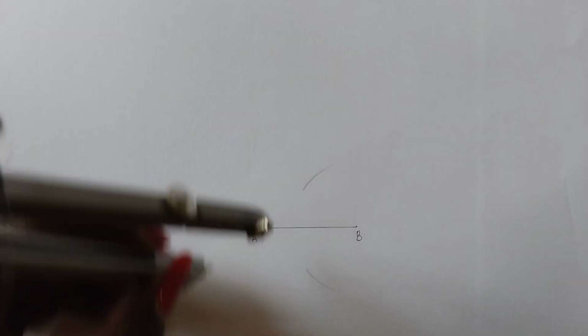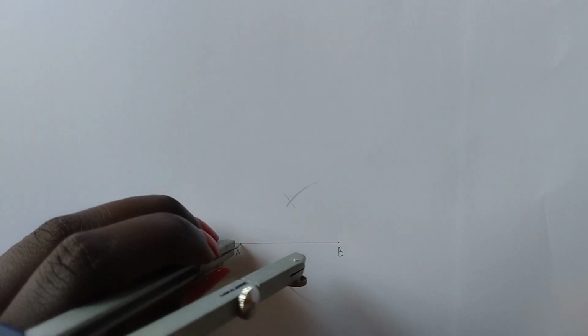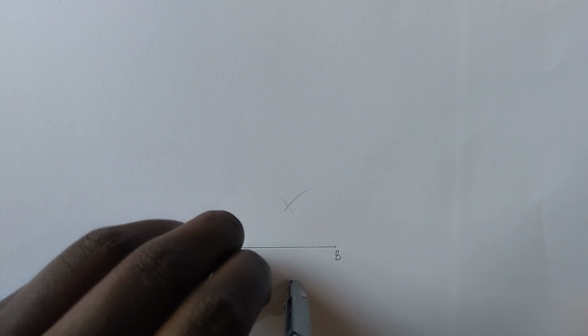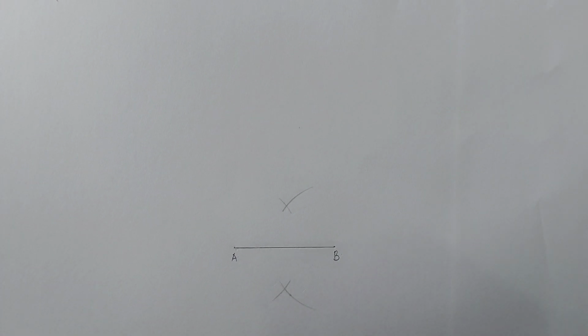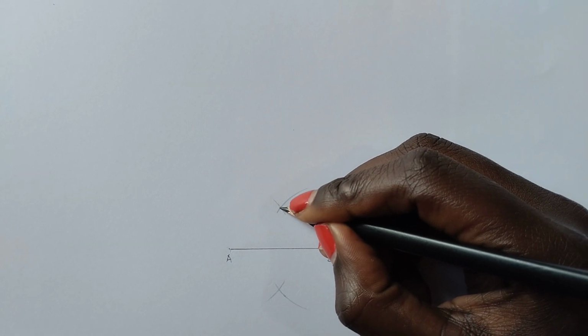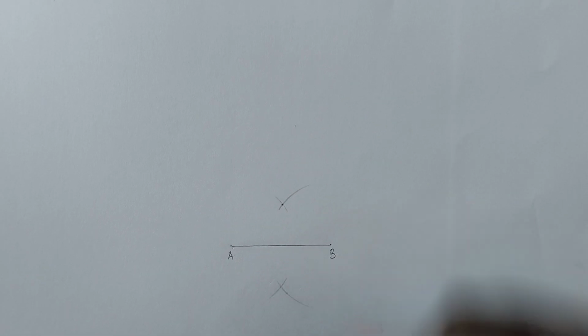Then at point B, with the same radius, I make another arc. So I have two points of intersection of my arcs. This is point 1 and this one is point 2.